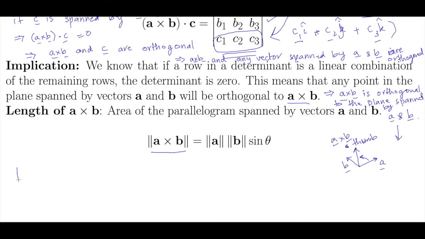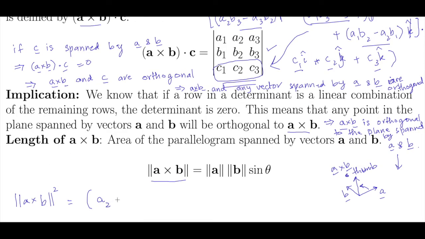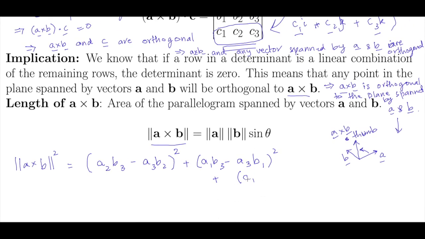Okay, so then what is A cross B? So A2 B3 minus A3 B2 i squared plus A1 B3 minus A3 B1 squared plus A1 B2 minus A2 B1 squared.